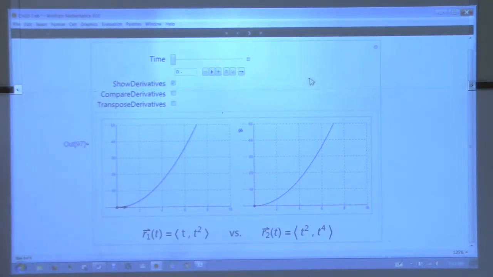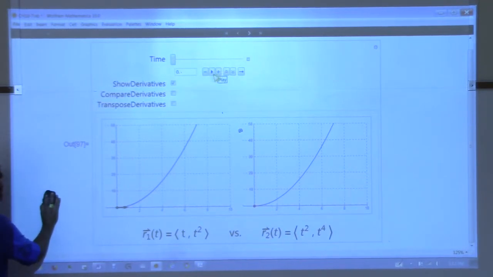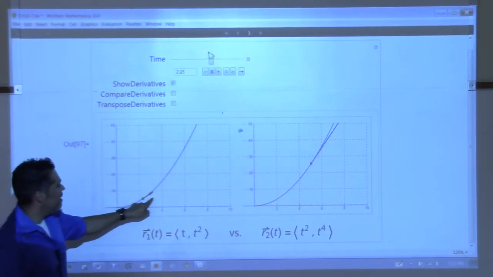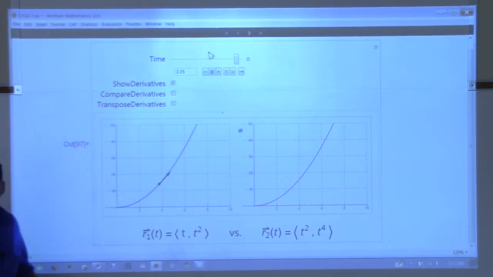You agree? Now, if I start the clock and start plugging in t's for both of these, I want you to pay attention. These vectors right here are the tangent vectors, the derivative vectors. Do you see what's happening? They're both drawing the same curve, right?